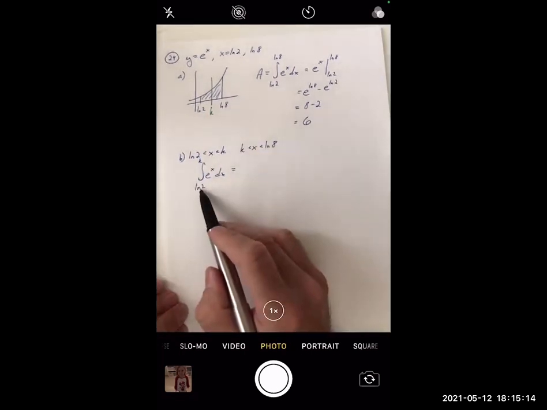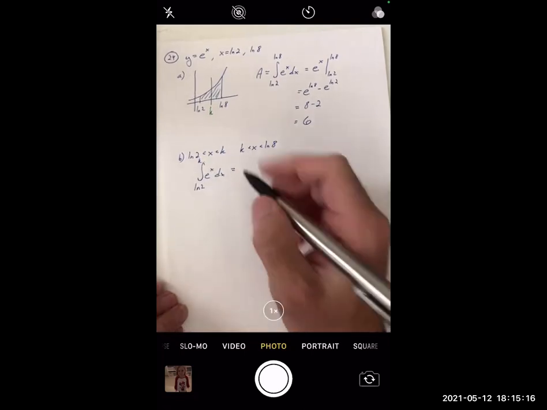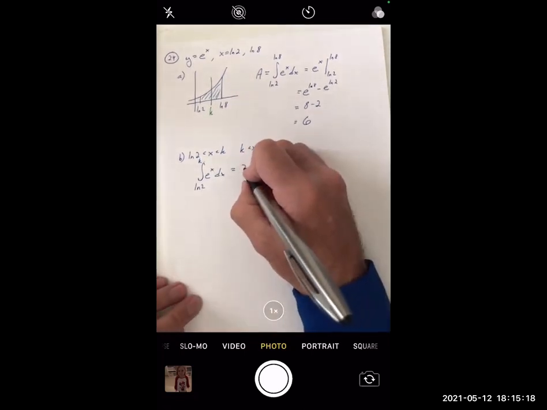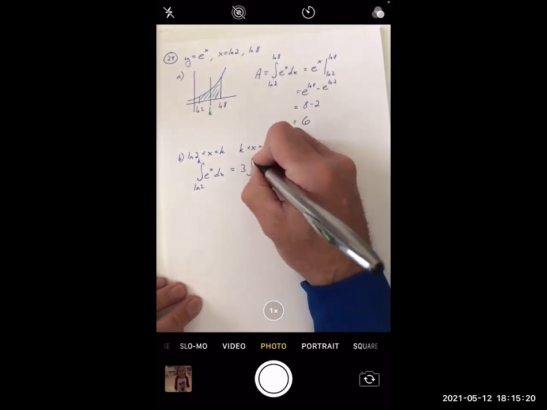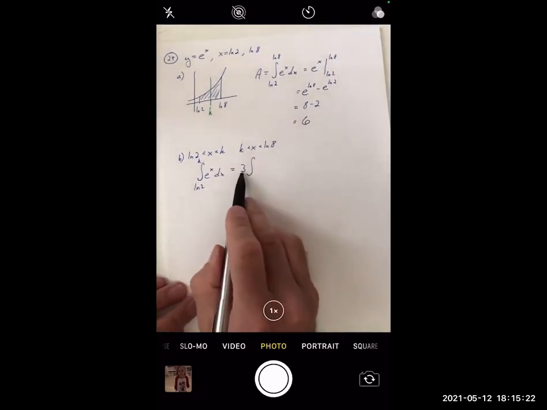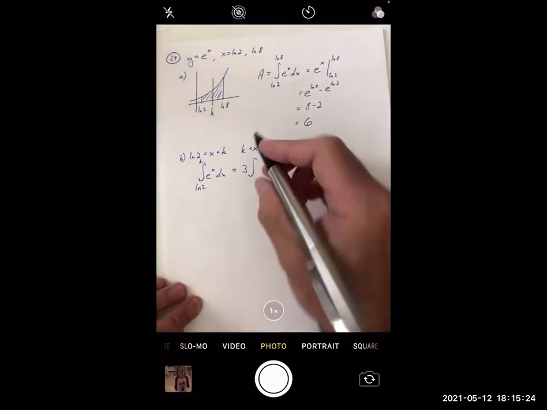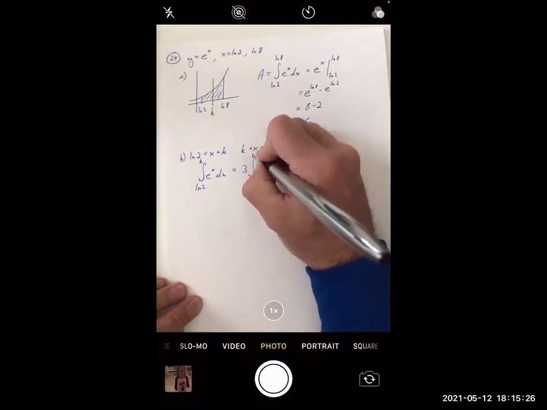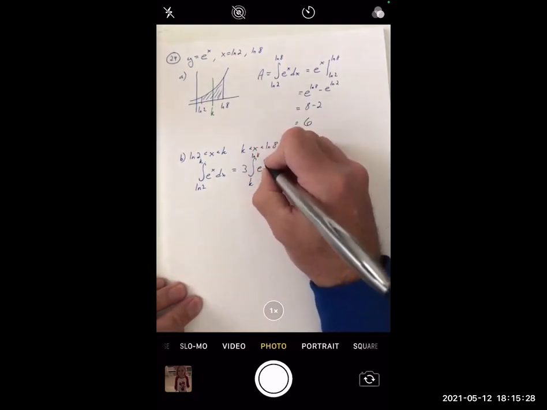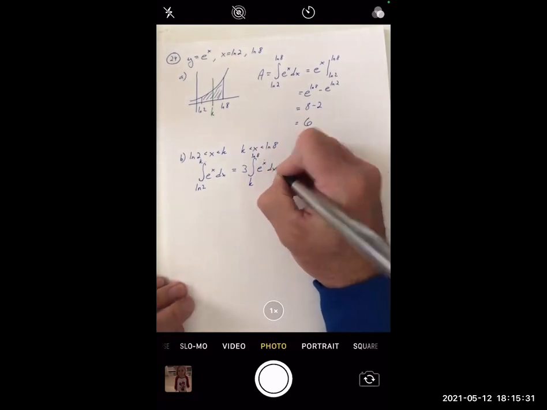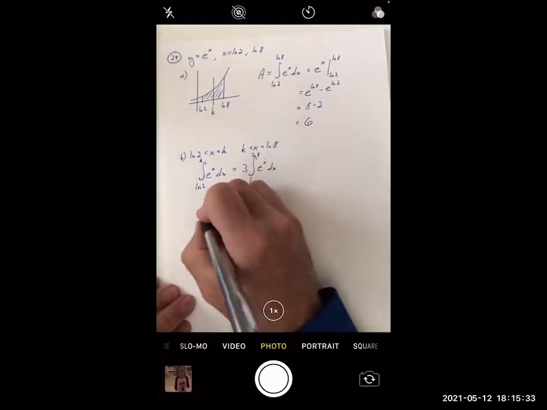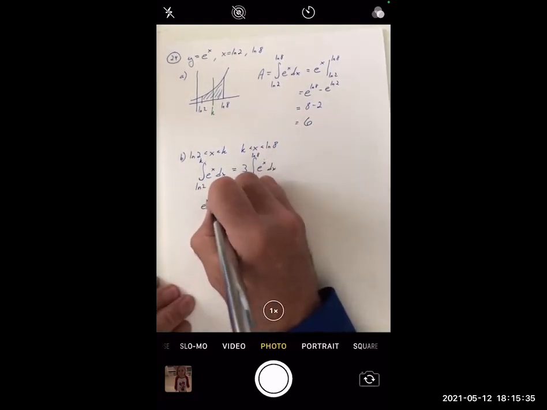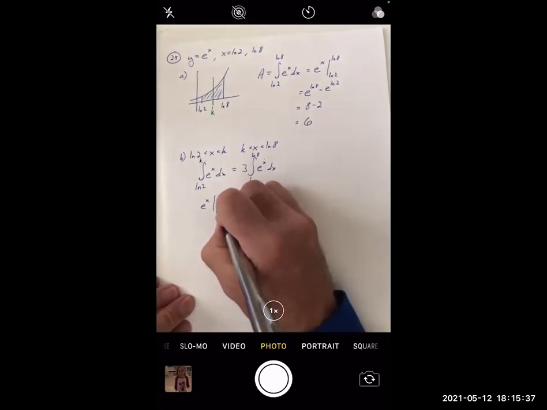But going off of what it should have said, this is how you would have done it. You would have done the integral from ln of 2 to K of e to the x equal to 3, because this is 3 times larger than this one. And then you just integrate both of them and plug in the bounds.